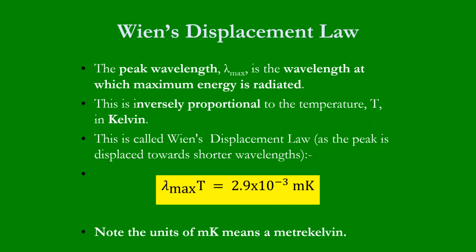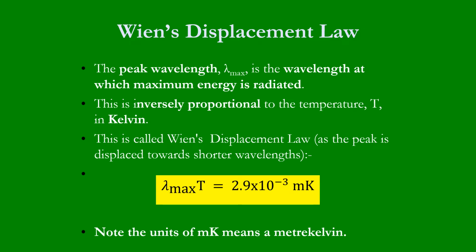This brings us on to Wien's displacement law. This equation is on your formula sheet, and as I said just a few minutes ago, the peak wavelength is the wavelength at which the maximum energy is radiated. So this law can give us the peak wavelength of the star, inversely proportional to the temperature in Kelvin, and you'll see that at the end it says mK, so that value is in meter Kelvin.